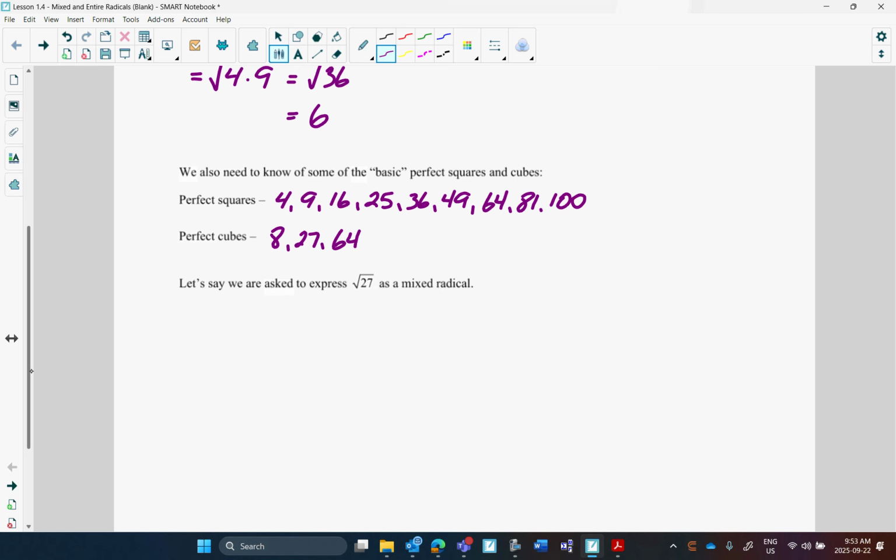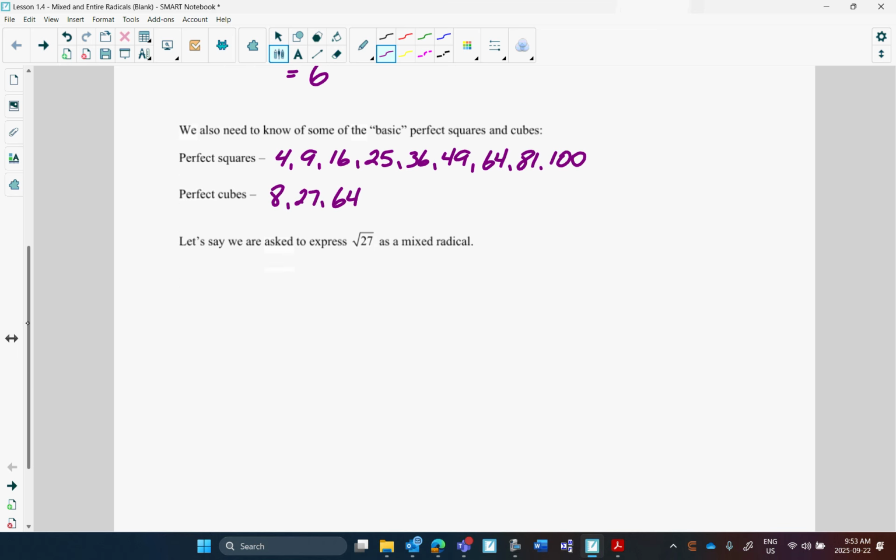So what we need to do is remember, first of all, root 27, we call it an entire radical. It's got nothing else with it. It's just a radical with a number under it. We're going to make it look like a number and a radical together, which we call a mixed radical. And we'll see this in a second.